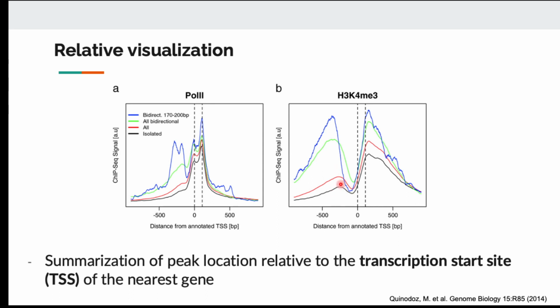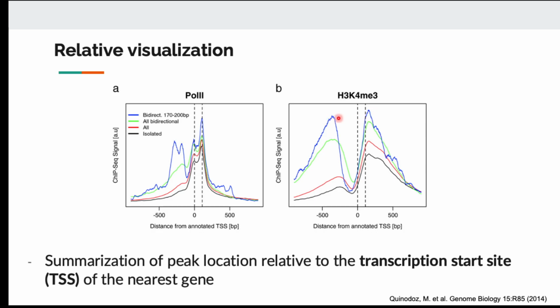But if it occurs within 500 base pair in front of the gene or inside the gene body, then we can interpret that I have an enrichment of histone H3K4 trimethylation, both 500 base pair upstream and inside the gene body for the blue sample.